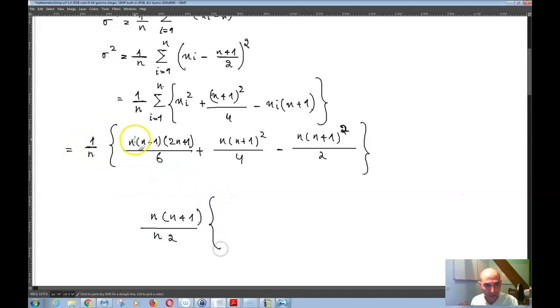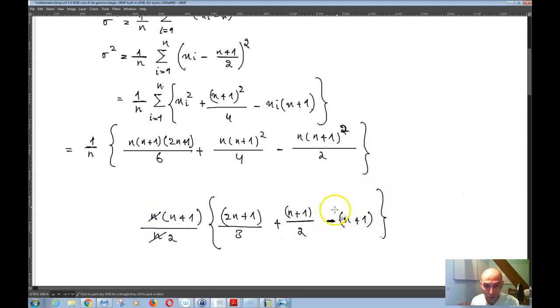So I can write this as n times n plus 1 is out, a 2 is out here, so that's 2n plus 1 divided by 3, plus over here n and n plus 1 taken out, you'll be left with n plus 1 divided by 2, and over here there is no denominator anymore because you take the 2 out, n and n plus 1 out, so you get n plus 1. And of course these parentheses are important because you have a negative sign here. And then you can simplify these two.